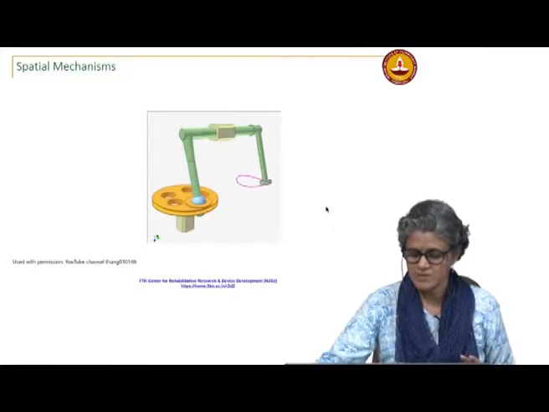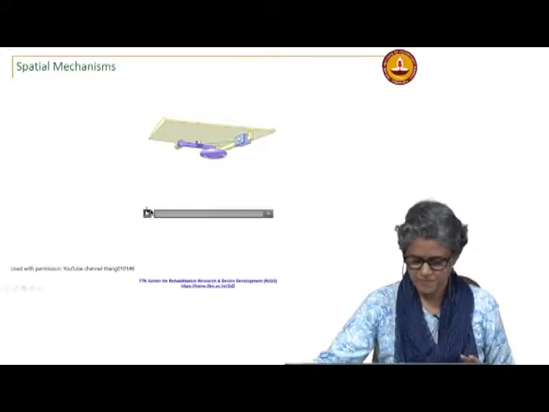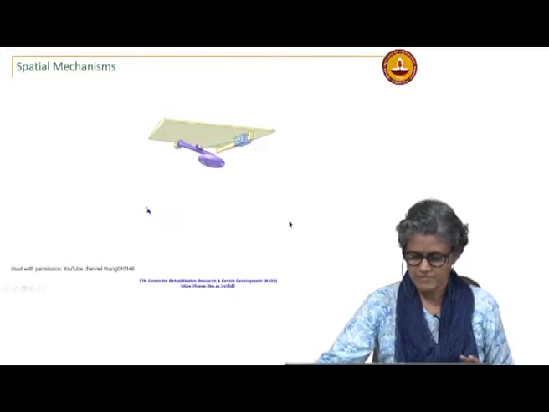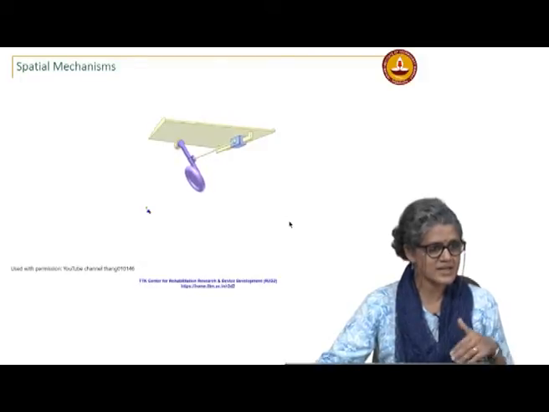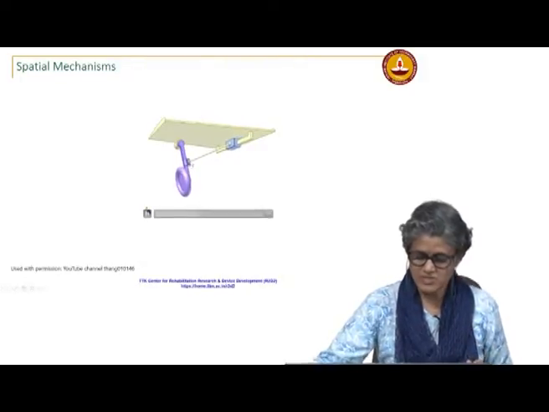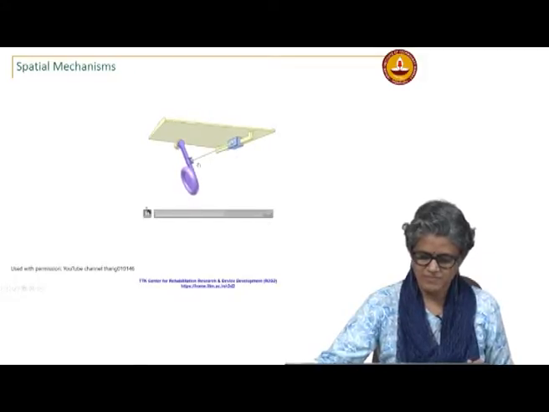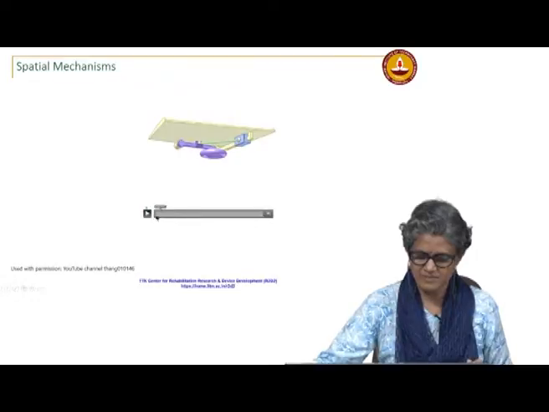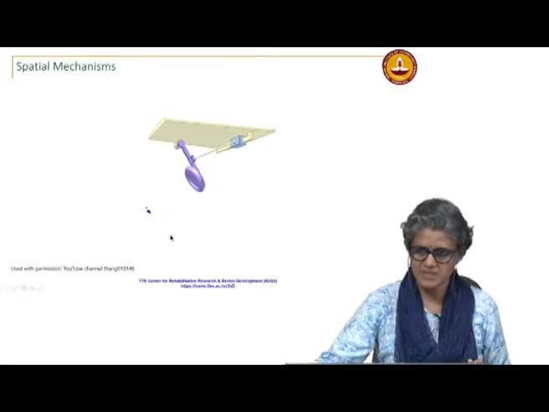So here is the wheel retraction in an aircraft, but it is not just happening in a plane. You have a revolute joint and this link, and then you have a slider. The wheel retraction mechanism.